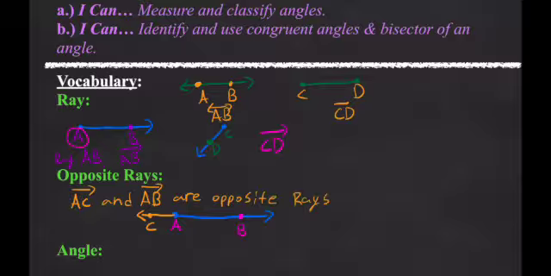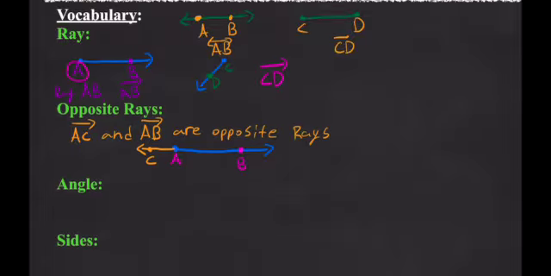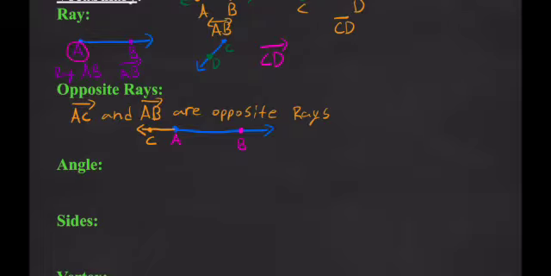By the way, opposite rays form a straight line, and we are going to get to what the degree of a straight line is in just a moment. An angle is made up of two rays, and exactly two rays.